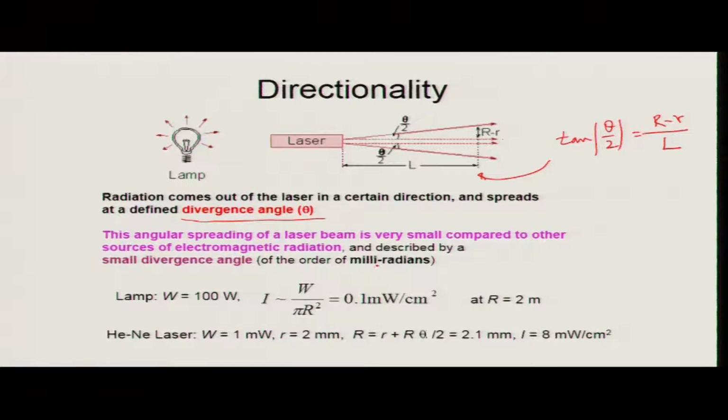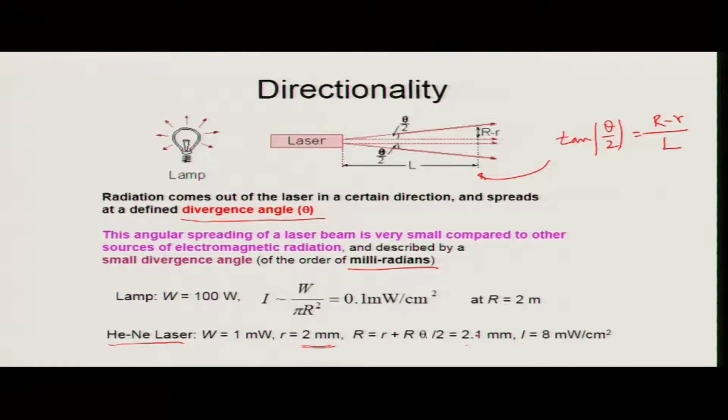and this angular spreading of a laser beam is very small compared to other sources of electromagnetic radiation and is described by a small divergence angle of the order of milliradians. So, for example, a HeNe laser, which we will discuss here, with a moderate laser power of 1 milliwatt, has a very low divergence.